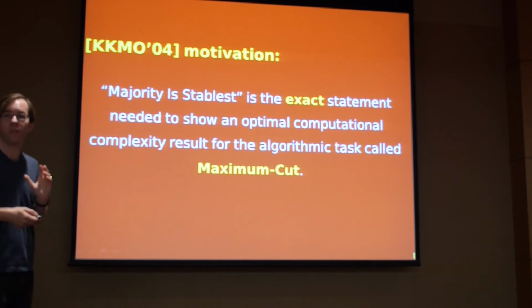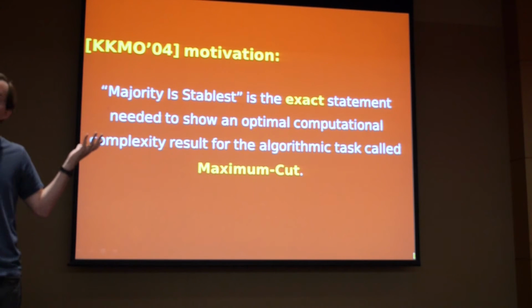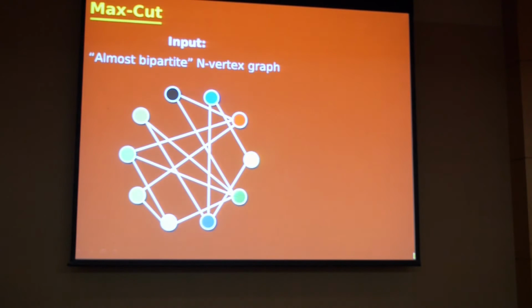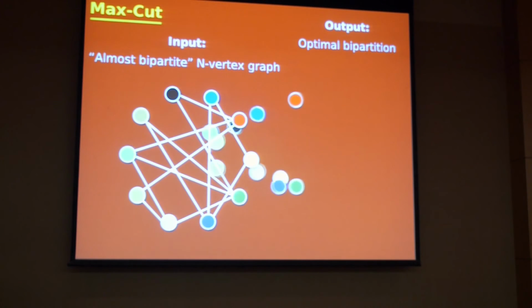So I want to take a brief digression now into the topic of computational complexity, which is also mentioned in the title, and remind you a little bit about this max cut problem. Okay, so briefly, the max cut problem is an algorithms problem. The input is any old graph on n vertices, but you should think about it as being an almost bipartite graph. Now, if you look at this graph, it doesn't obviously look like it's almost bipartite, but actually it is.